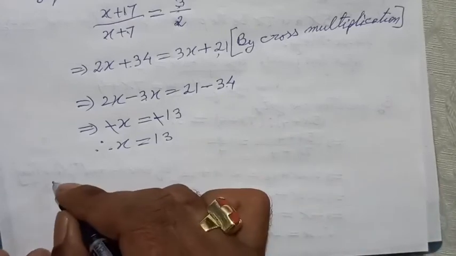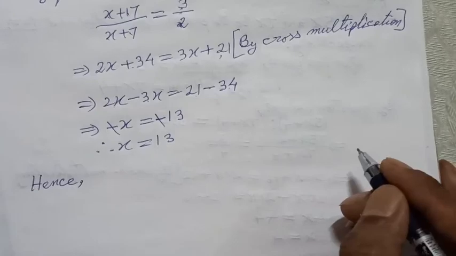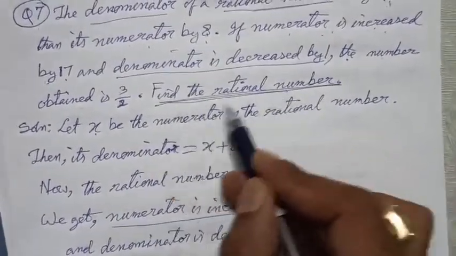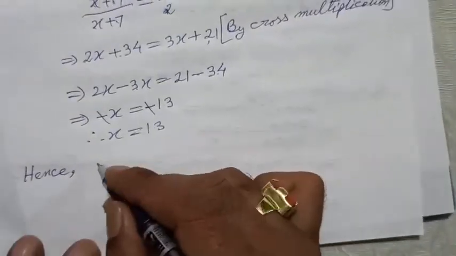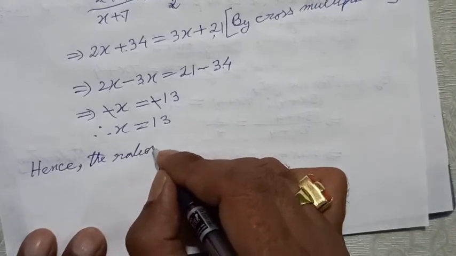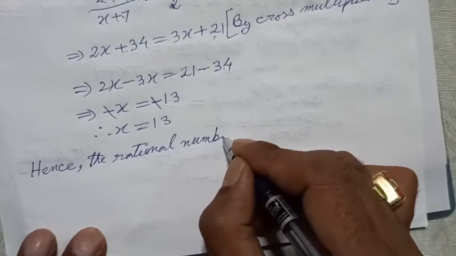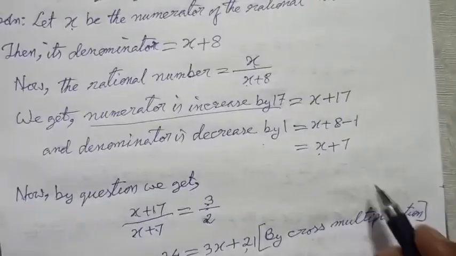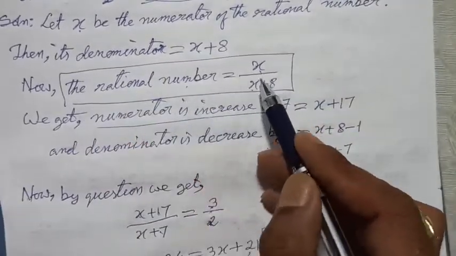Hence, the question says that to find the rational number. Now we have to find out the rational number. Hence, the rational number is equal to x by x plus 8.